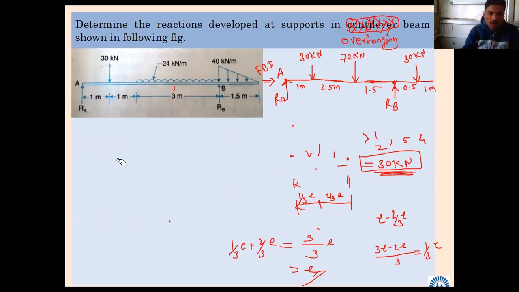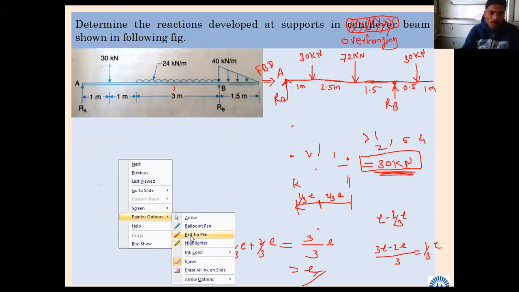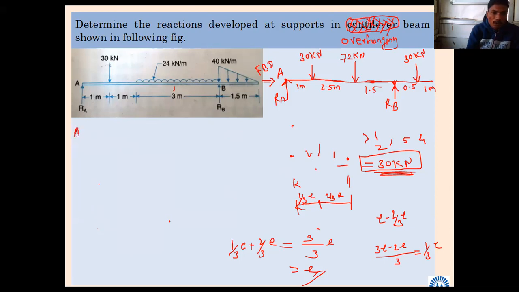Summation Fy equal to 0. Why have we not applied summation Fx equal to 0? Because there is no horizontal or inclined force. Very good, because there is no horizontal or inclined force. So Ra plus Rb equals how much?